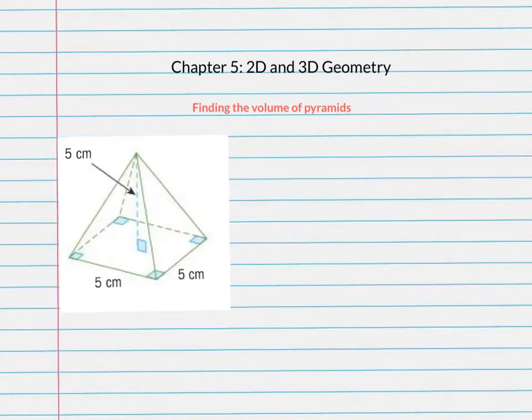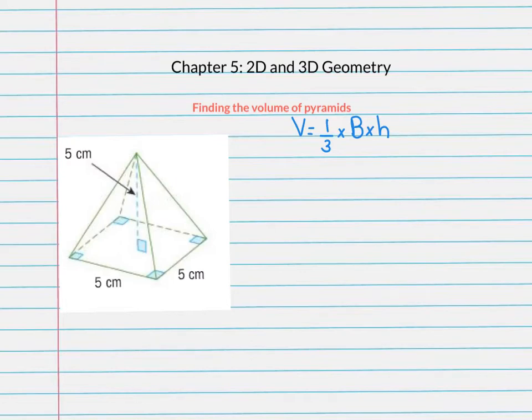Example number 1, find the volume of the given pyramid. Before we start, let's write the rule that we need to memorize for the volume of pyramids. The volume of a pyramid is always equal to 1/3 multiplied by the area of the base multiplied by the height. Now, since the rule is written, we can start with our previously agreed steps.